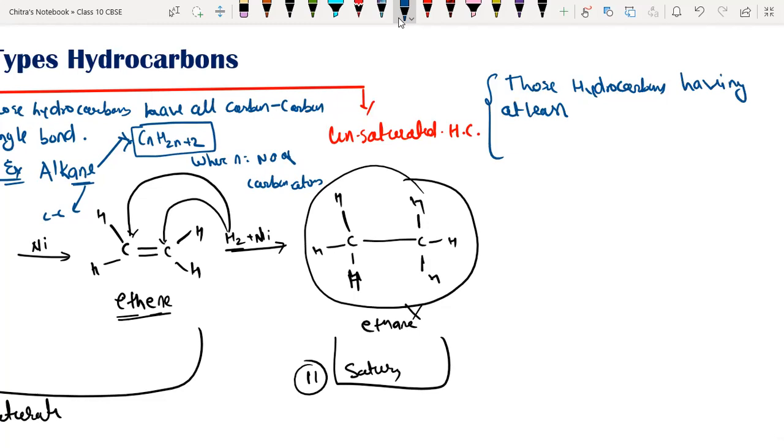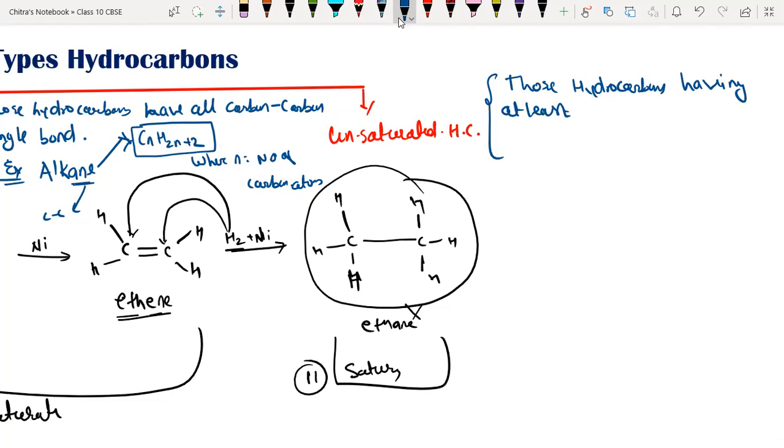It is not necessary to have all carbon double bonds or triple bonds. Only one is responsible, as in ethene and ethyne, meaning alkenes and alkynes. So if at least one carbon double bond or triple bond is present, then we can say it is unsaturated hydrocarbon.